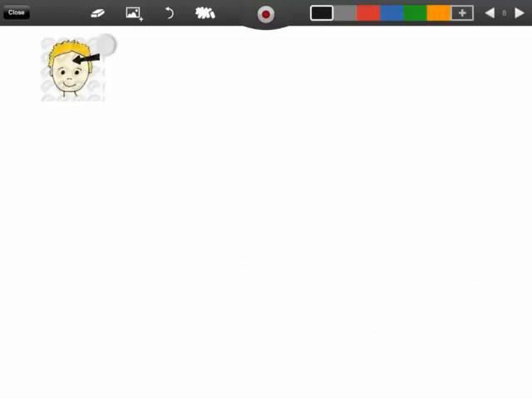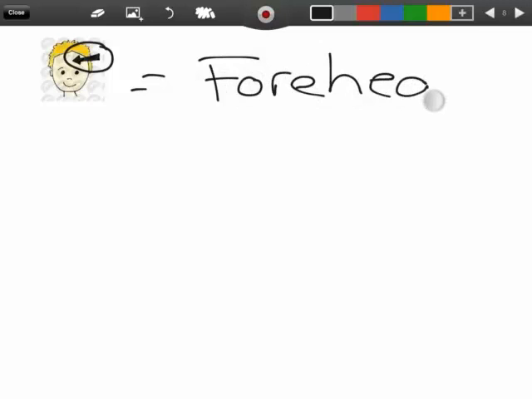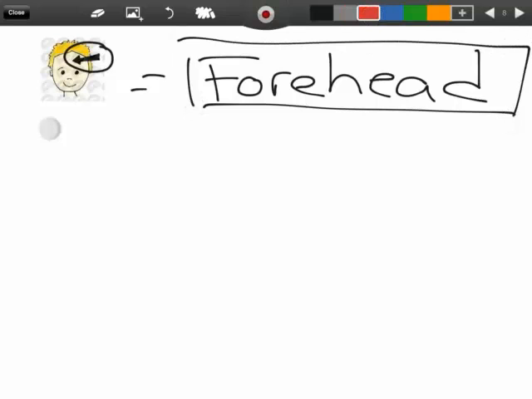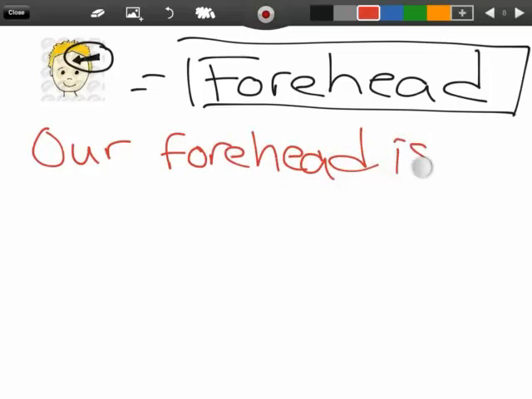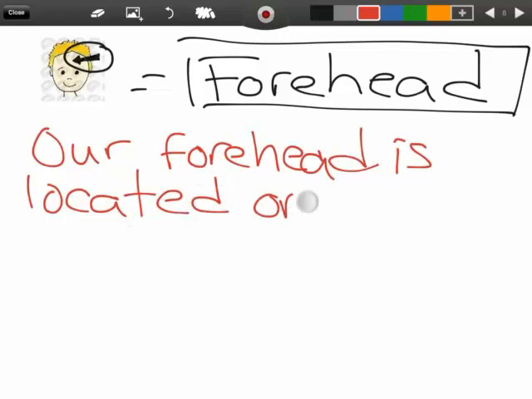Moving on to my next body part on my face. As you can see, there is an arrow pointed here, and this is called a forehead. Forehead. And a forehead is, I'm going to go ahead and write this. Our forehead is located on top of our face.